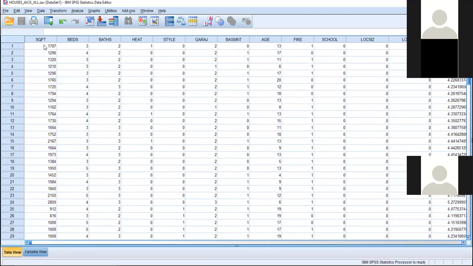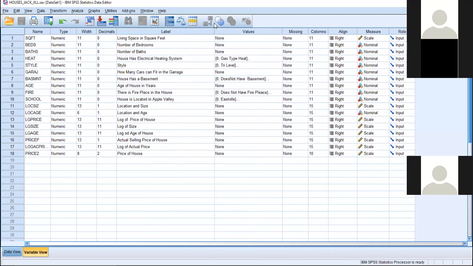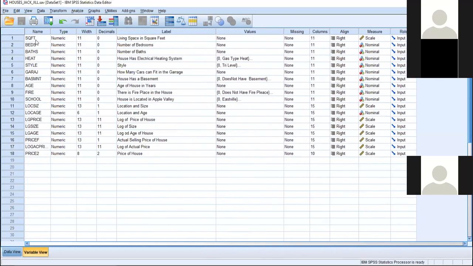This square foot here represents the square footage of houses in the neighborhood. And then you're also going to have a variable view, which describes these symbols, like SQFT means living space in square feet. Beds means number of bedrooms.